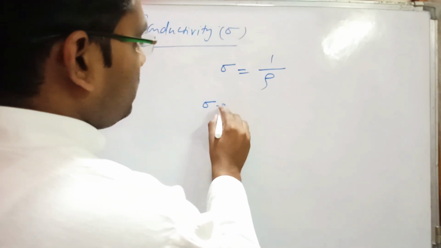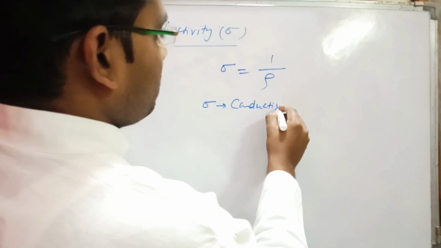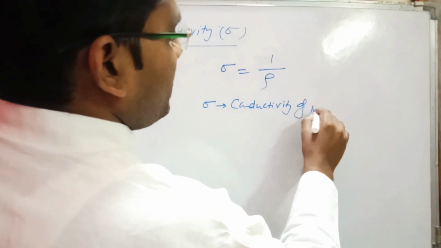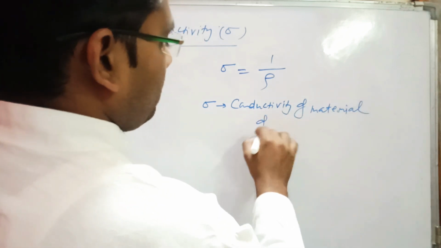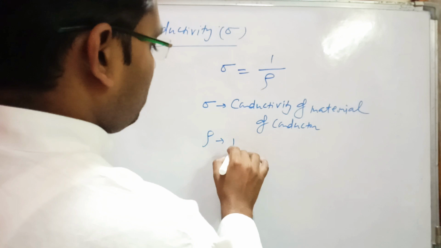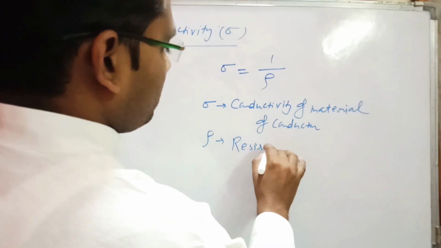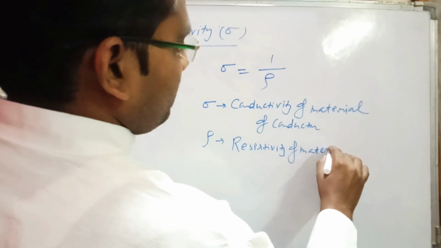Here sigma is the conductivity of the material of the conductor, and rho is the resistivity of the material of the conductor.